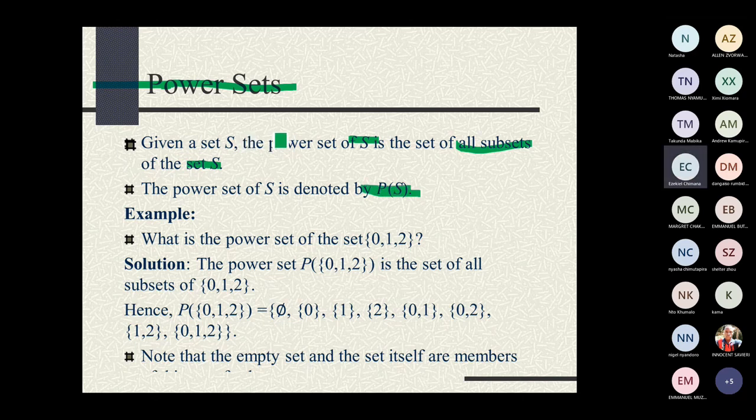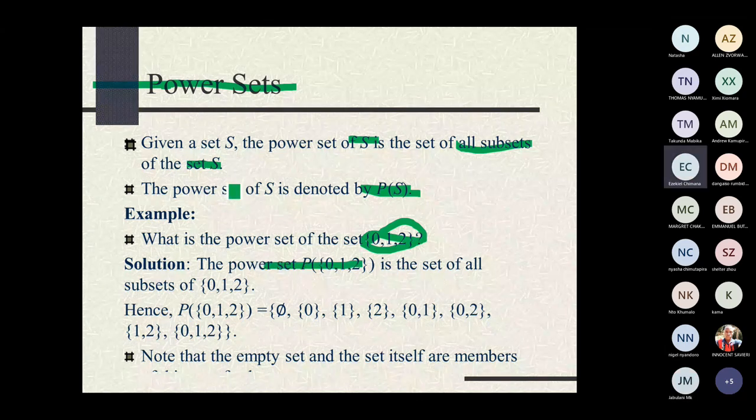So for example, what is the power set of the set 0, 1, 2? What could be its power set? The power set P of the set containing the elements 0, 1, 2 is the set of all subsets of this set.